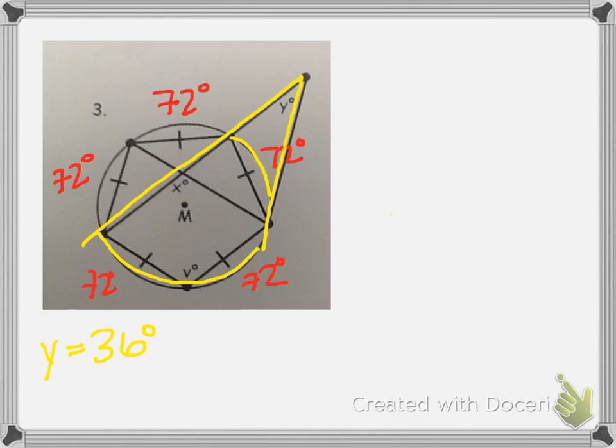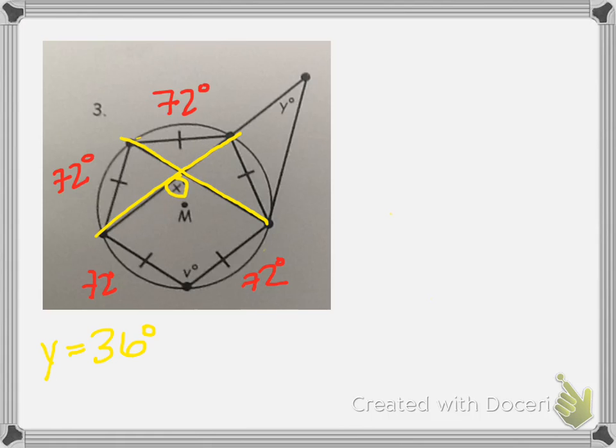Let's go and do another one. So now let's do x. It's this angle, so it's talking about these chords right here. It's an inside angle, so x is going to be equal to the sum of the intercepted arcs divided by 2. The first intercepted arc is 72, plus this intercepted arc, so 72 plus 72 is 144.